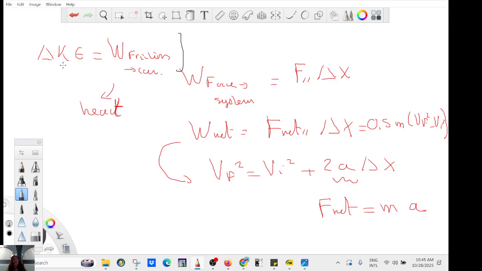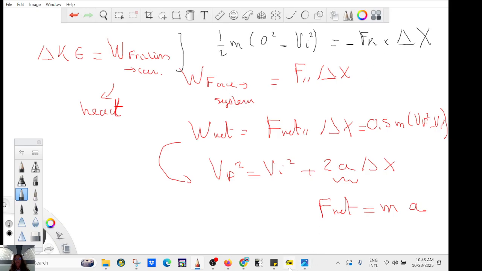So you see here the change in kinetic energy, if you stop, will be the final speed square minus initial speed square, equal to the work done by friction. It's negative, so negative the frictional force times displacement. So that will be the frictional force times the displacement.